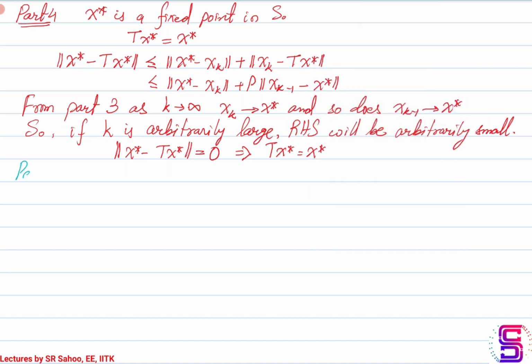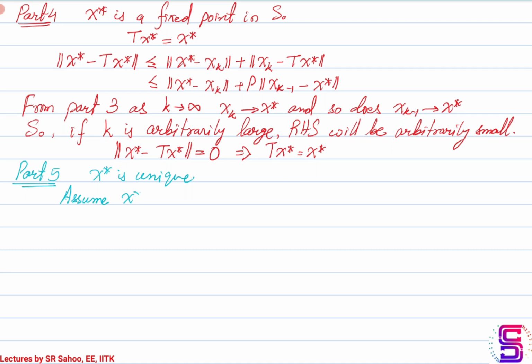Now once we have established that x star is a fixed point, the last part that remains is to show that x star is unique. So here, assume that instead of one fixed point, there are more than one fixed point. So x star is not unique.